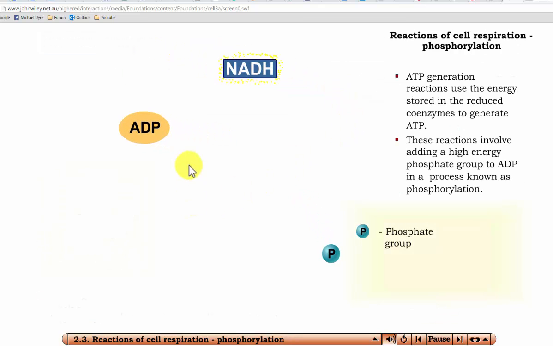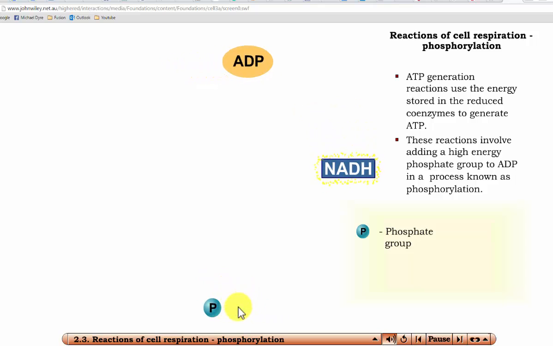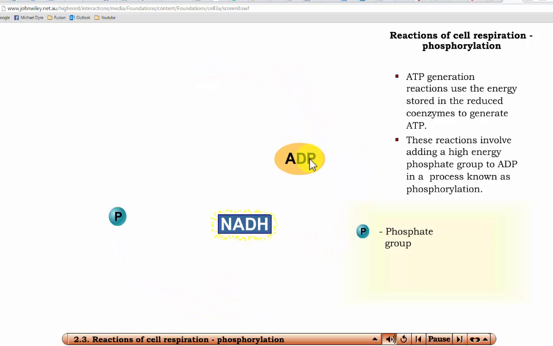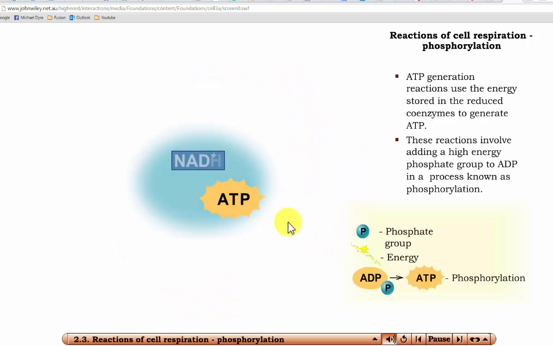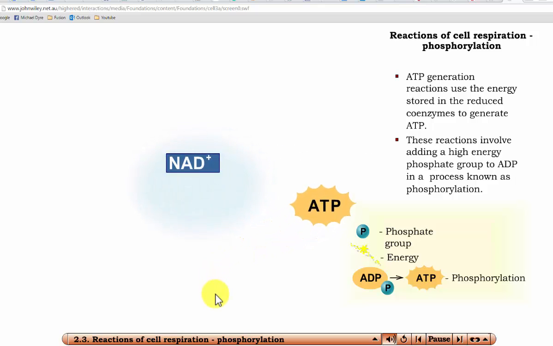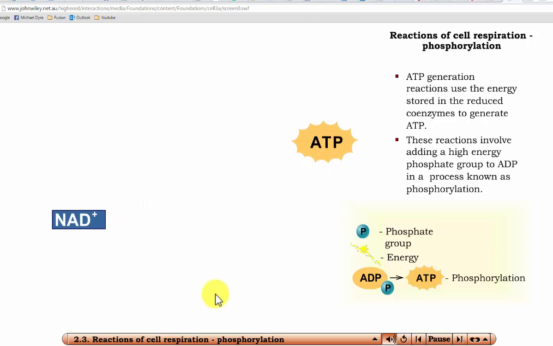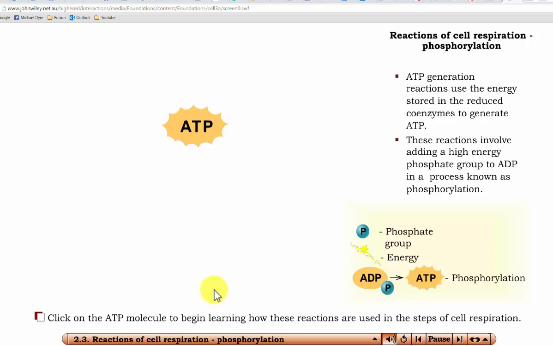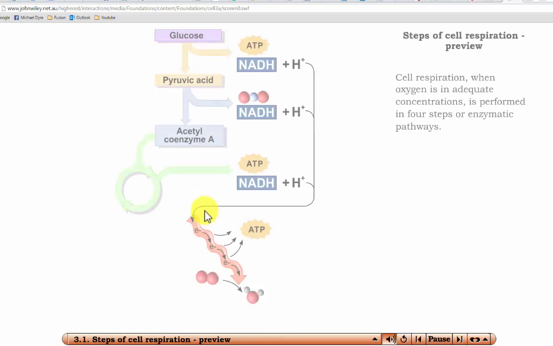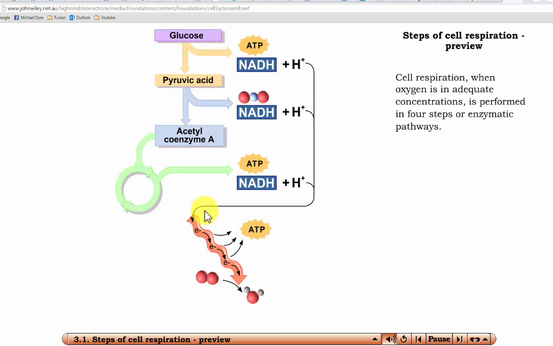The energy in reduced coenzymes is used to generate ATP molecules. The generation of ATP for use by cells involves four enzymatic pathways.